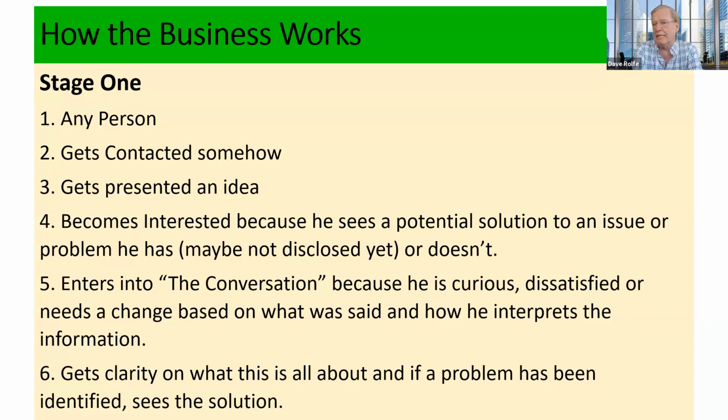Now I got that, and I looked at that as a potential solution to what I was trying to do with my business, which was to become successful, make money, and enjoy my life. Now, they may not at this point in time, or they may, but not disclose it. But it can happen here when you present the idea, and we'll give you some other examples down the road as we get through this.